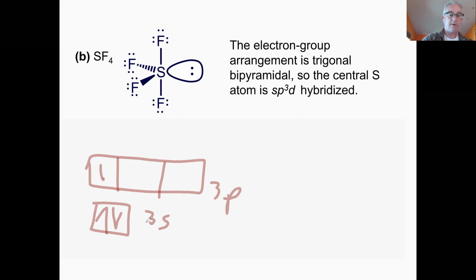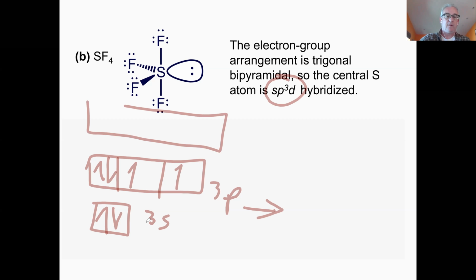So that's what sulfur is going to look like when it's unhybridized. Since it's sp3d hybridized, how are we going to make that? And then I've got my 3d without anything in them.